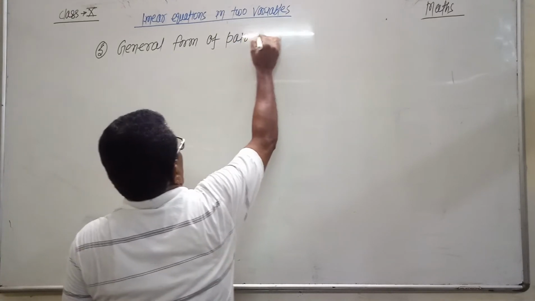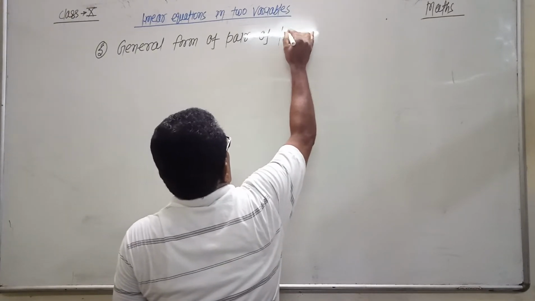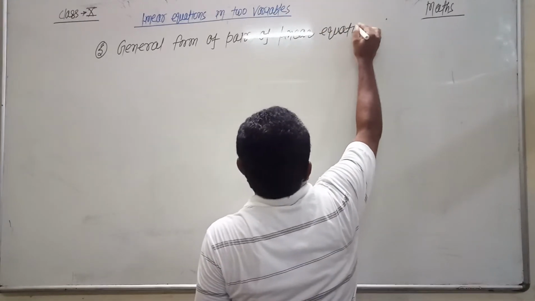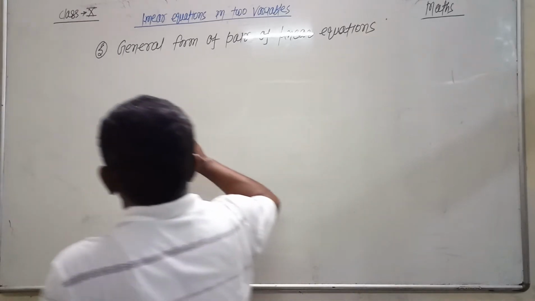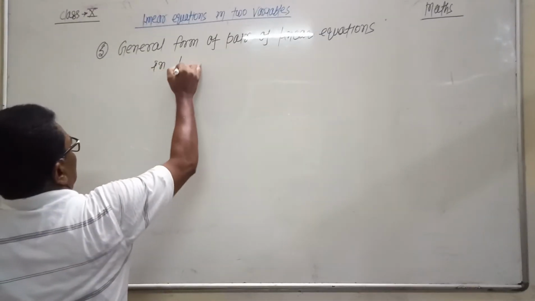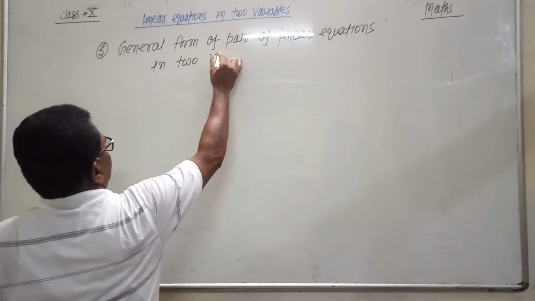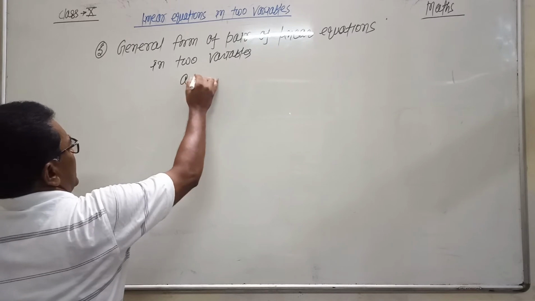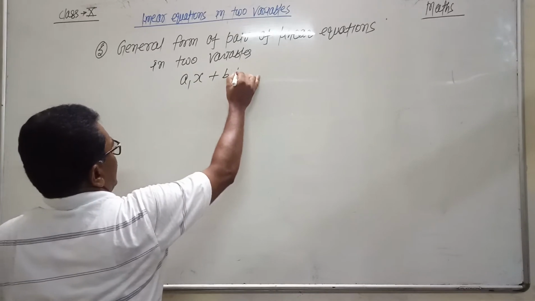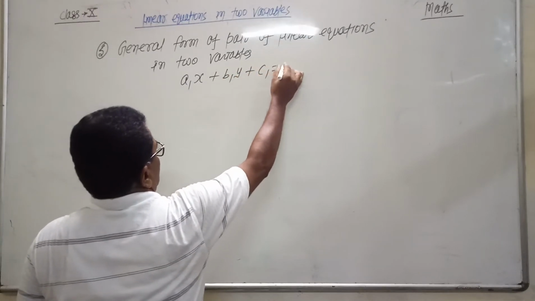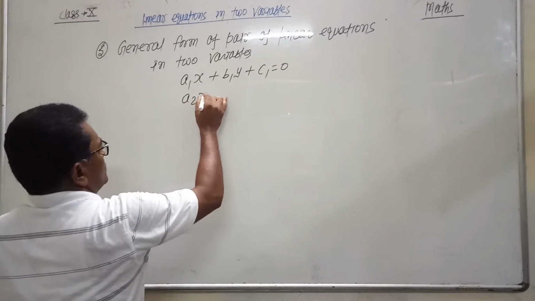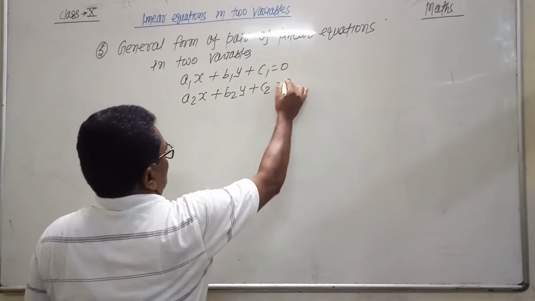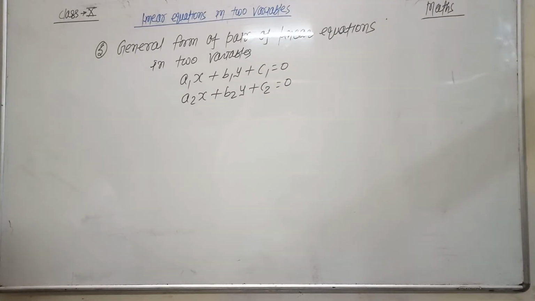This is a1x plus b1y plus c1 equals to 0, and a2x plus b2y plus c2 equals to 0, where c1 and c2 are constants.